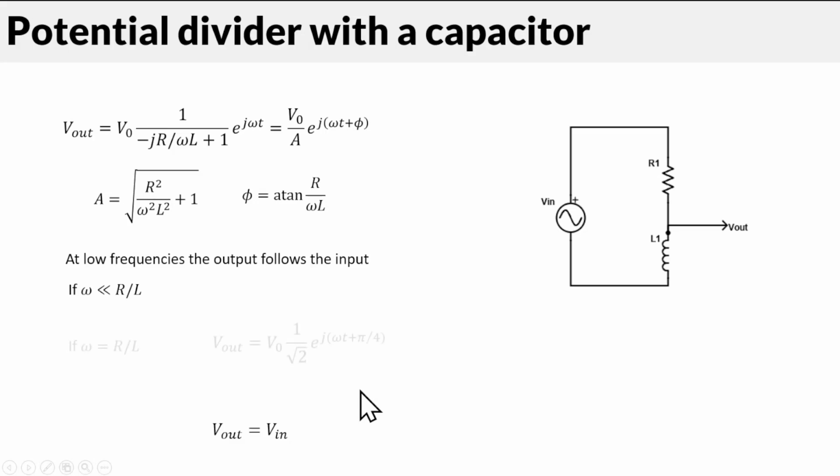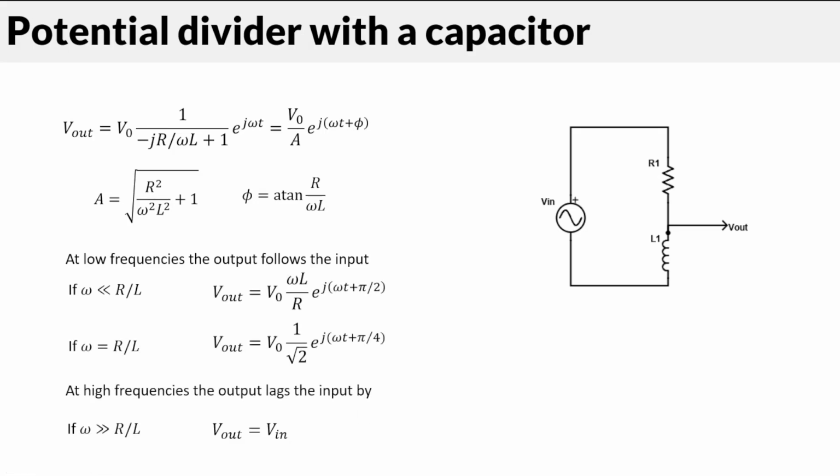So at low frequencies, sorry, they're all coming in the wrong order. At low frequencies, when this frequency is very, very small, this number is going to be very, very big. And so we're going to have more like we had for the high frequency regime for the capacitor. So if omega is very small, this first part of A is very, very big.